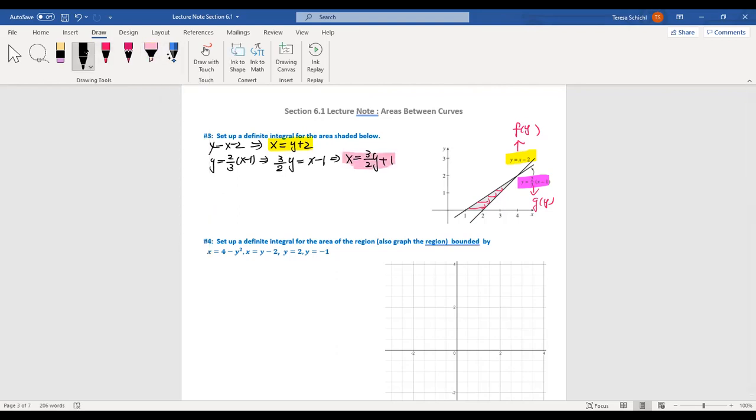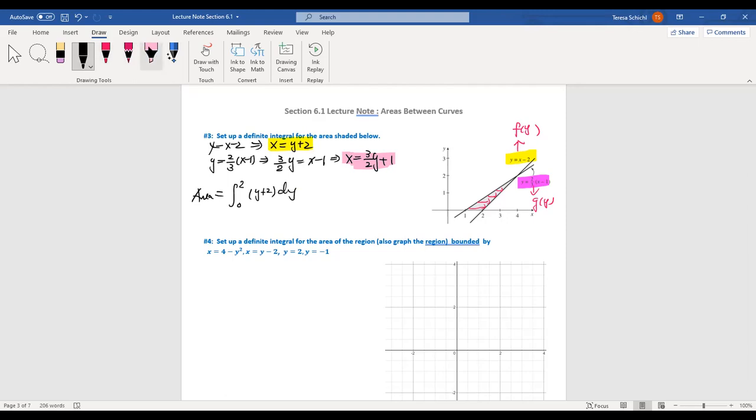So now I can write the area will be equal to the function to the right, which is the bigger one, so it's f of y. So from 0 to 2, f of y is this one here, so it's y plus 2 dy. Okay?